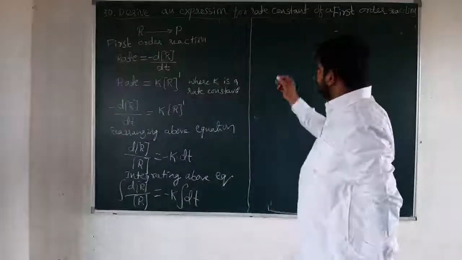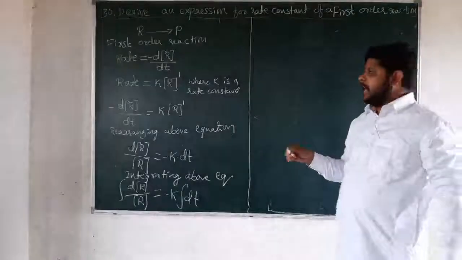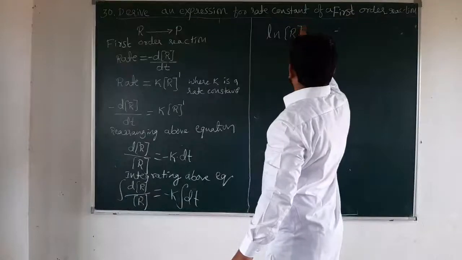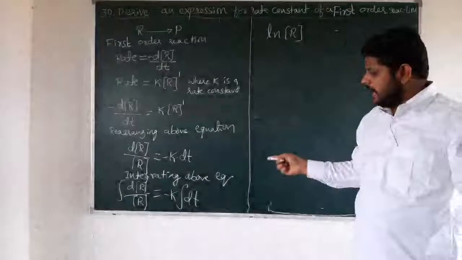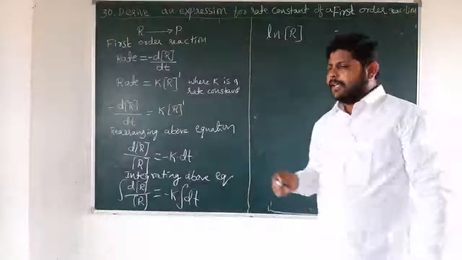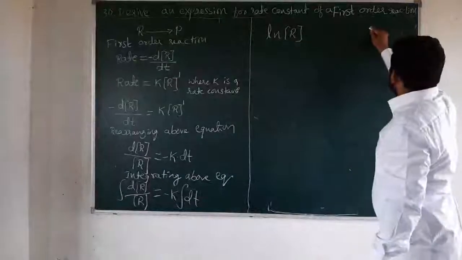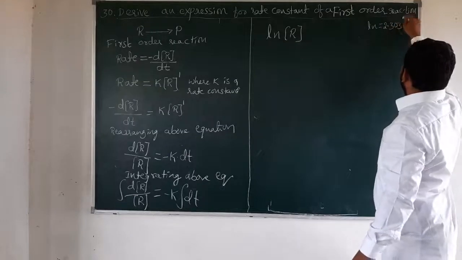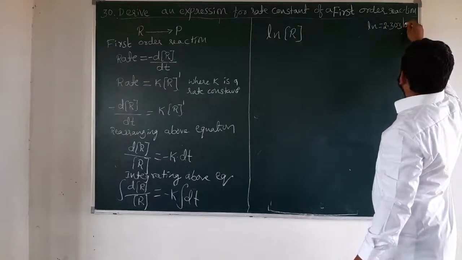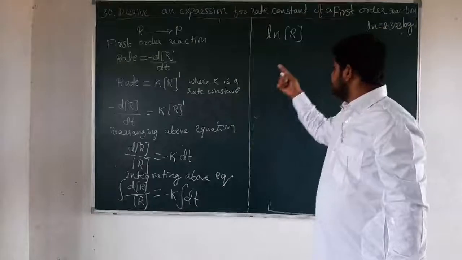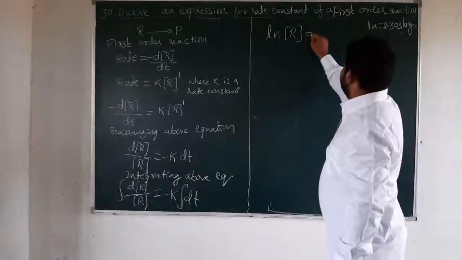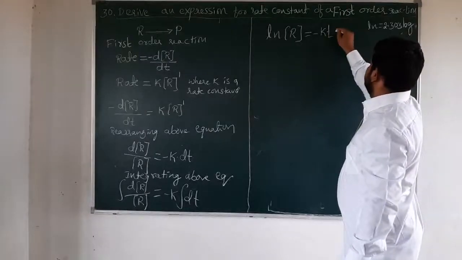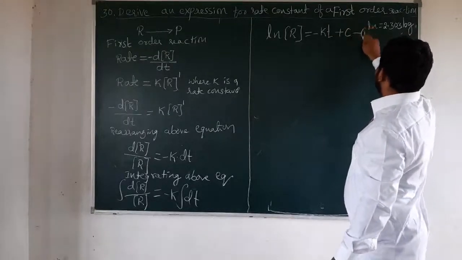So now the integration of dR by R is ln R. What is ln? The value of ln is 2.303 log. Integration of dR by R is ln R equals minus K, and integration of dt is t plus c, equation number 1.